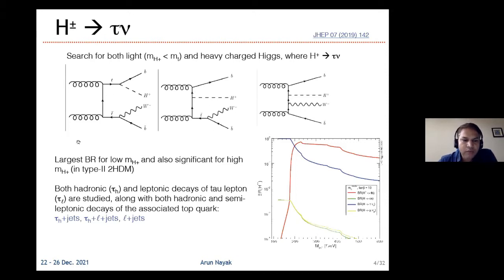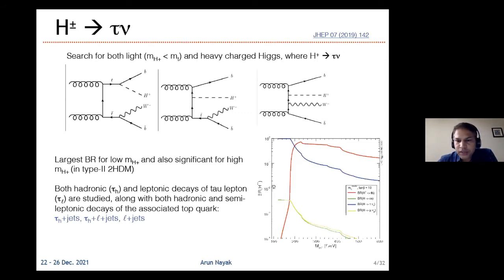In the type 2 Higgs doublet model, the branching ratio to tau nu is largest for the low mass region, and is also significant for the high mass region, or heavy charged Higgs.